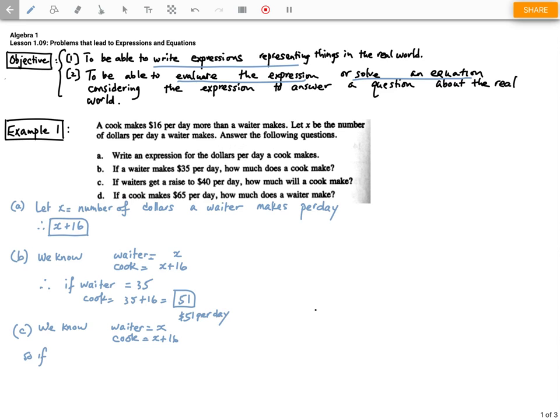So if a waiter X equals 40, then cook equals 40 plus 16 or 56. So $56 per day is what the cook makes.